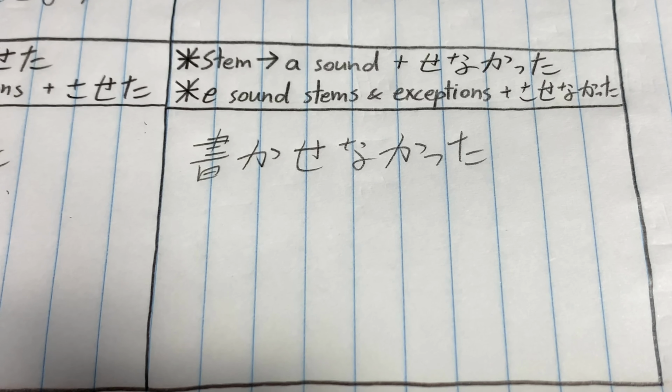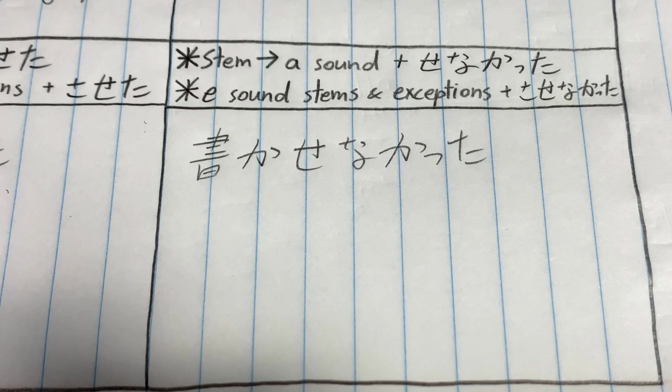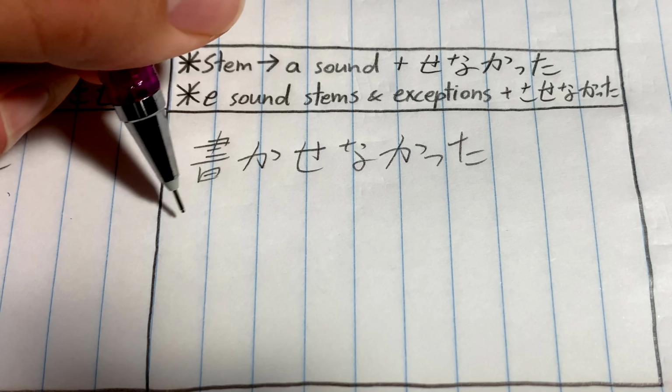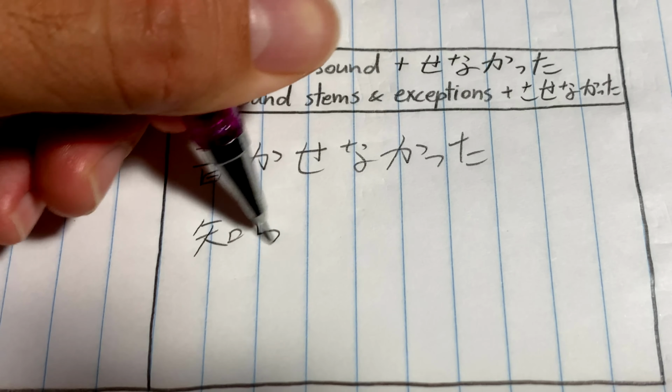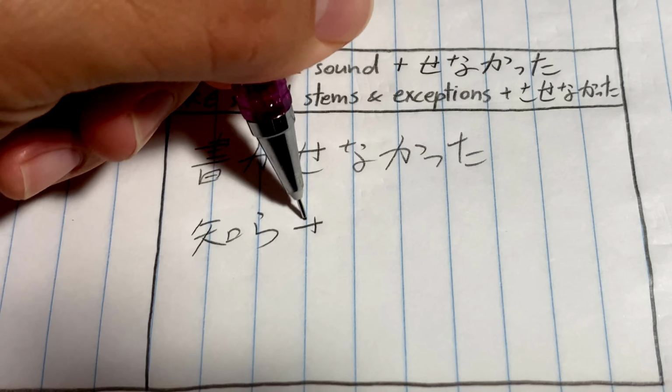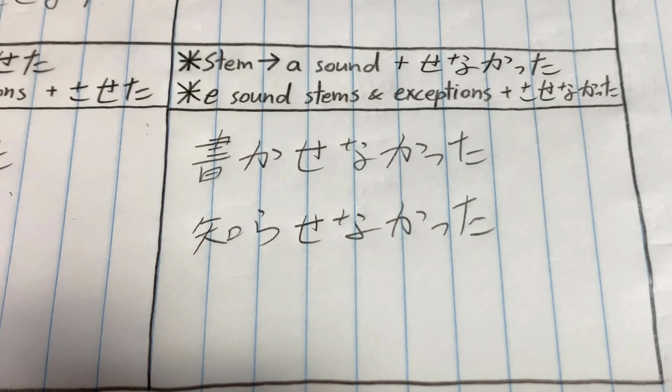Kakasenakatta. I didn't let that person write. Okay? And then shirimasen deshita, the shiri becomes shirase nakatta. Shirase nakatta.